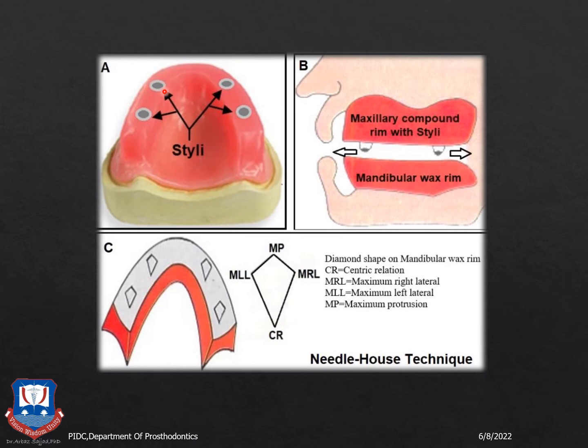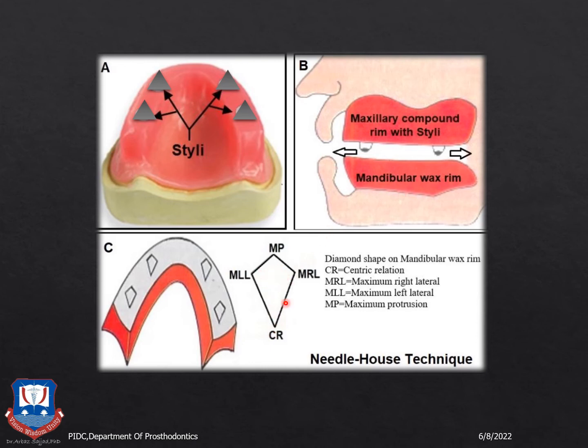Later, House advocated using four pointed sharp styli instead of studs. So these styli were placed in the premolar and molar areas, and then the mandibular rim, which was made out of wax, and the patient was asked to close first in centric relation, and then he was guided to do protrusive, left lateral, and right lateral excursive movements.